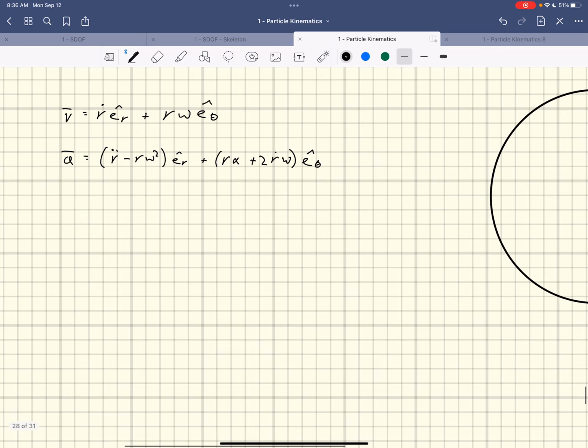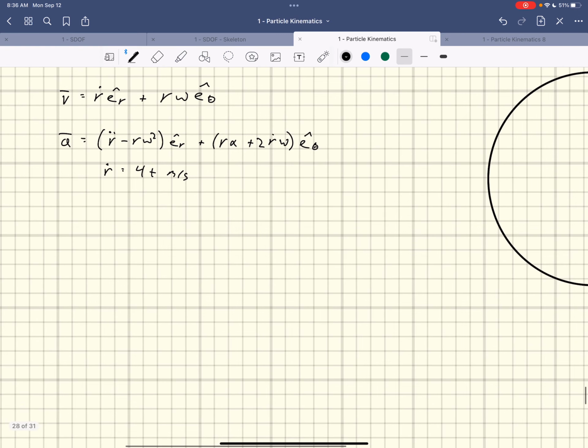So what they give us is r dot, and that is 4t, 4 times time, meters per second. And then r double dot would be taking the derivative of that, which would be just 4 meters per second squared. So I just took the derivative of r dot.